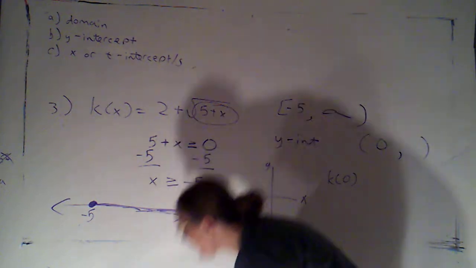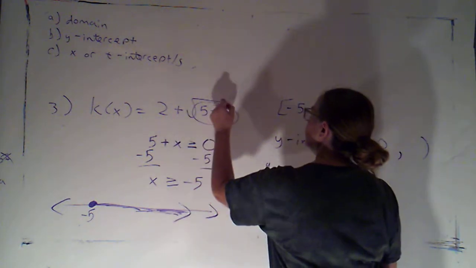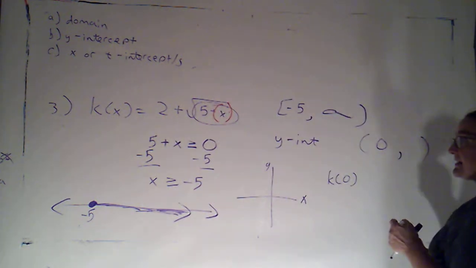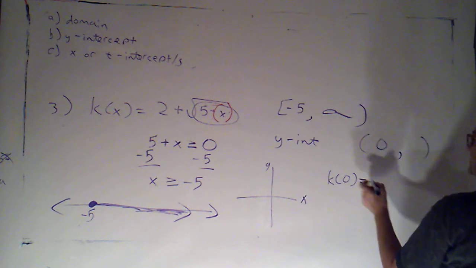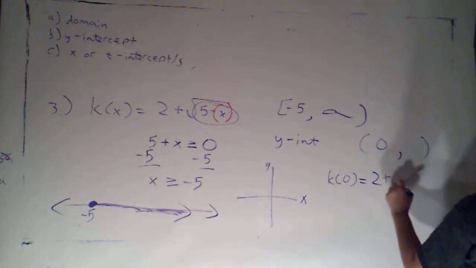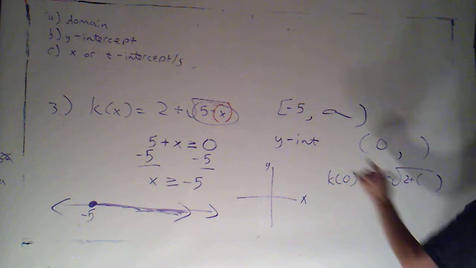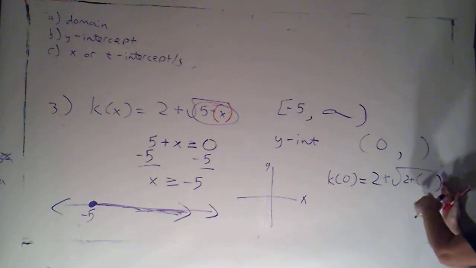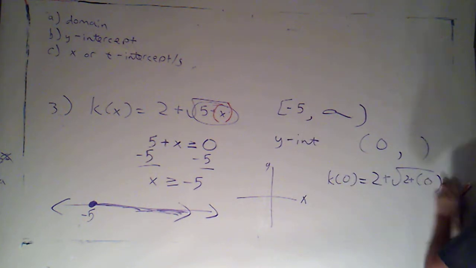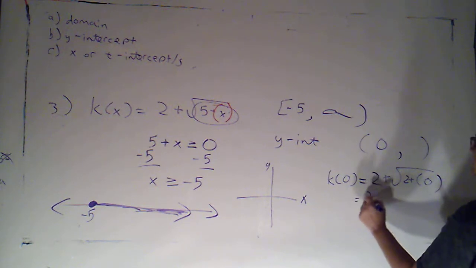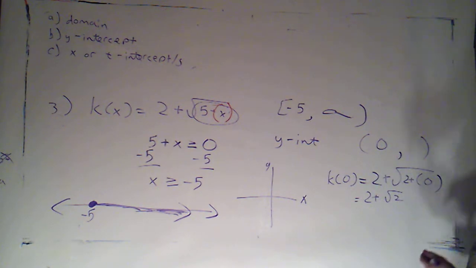I'm going to take my formula for k, where there's an x, I'm going to plug in a 0. So I replace that x with parentheses as a placeholder for my input, and now I'm just plugging in 0. So I'm getting 2 plus root 2.